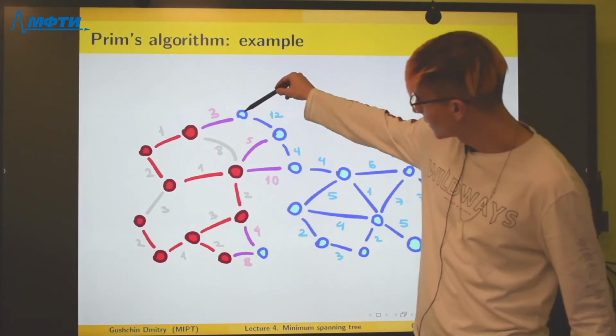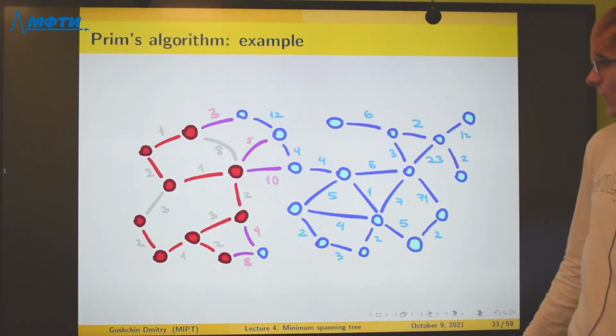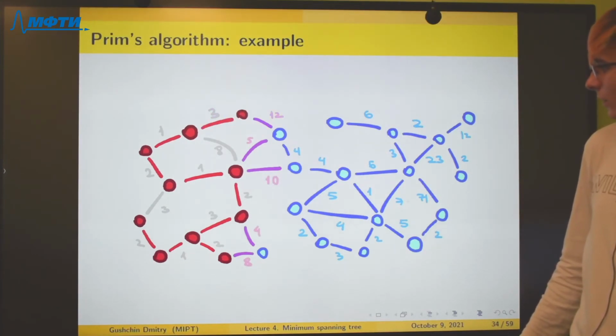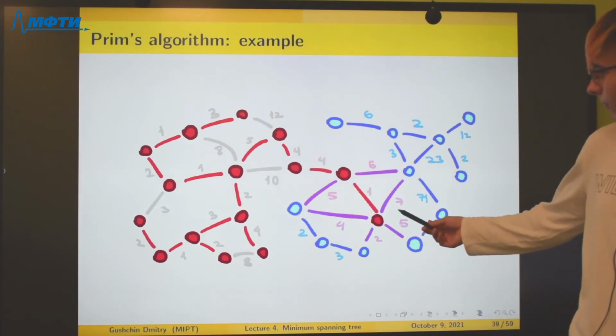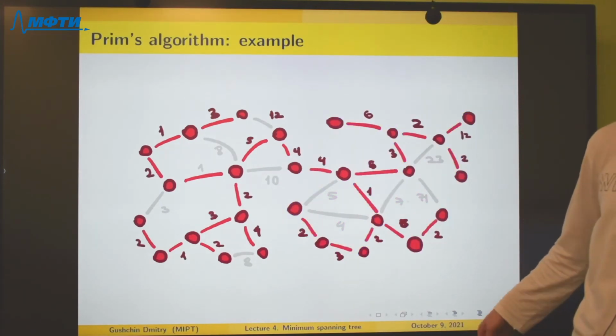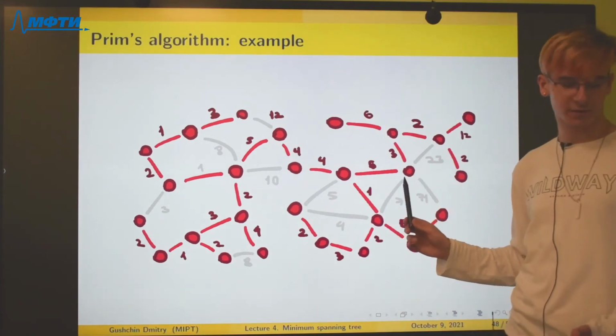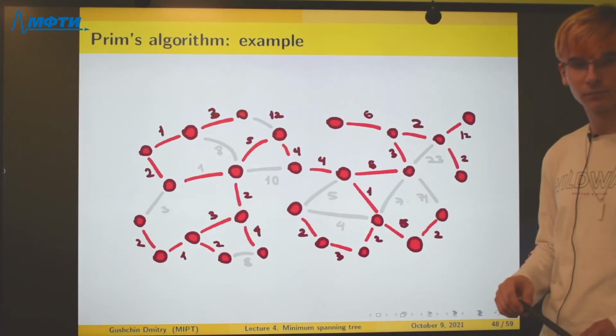Then we have this point, and repeat it. And we get a minimal spanning tree. So in both cases, we might get different trees.